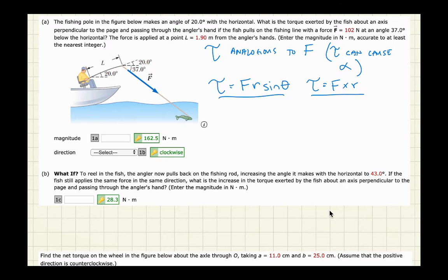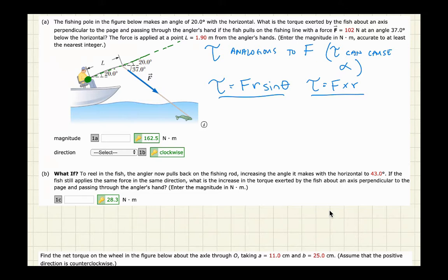So going back to this question, we have a fisher person, and that fisher person is basically going to be defining the pivot point. So this fishing pole is rotating around that pivot point, and the fishing pole is approximately a straight line.